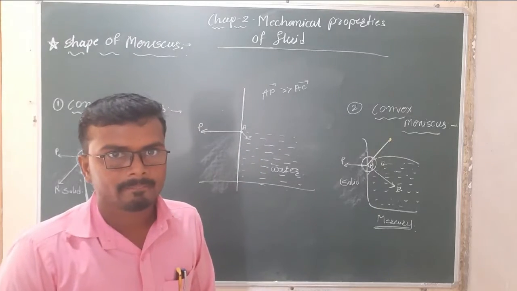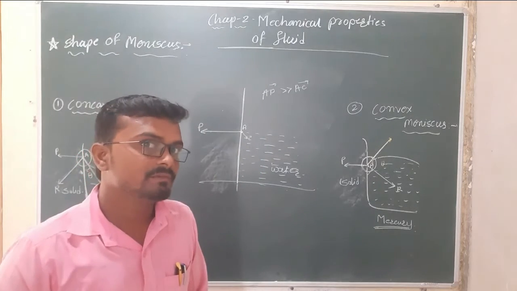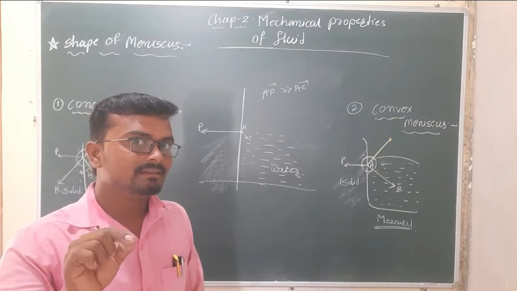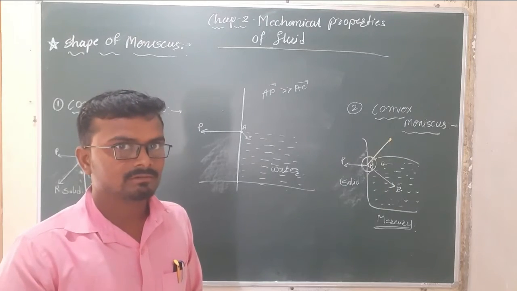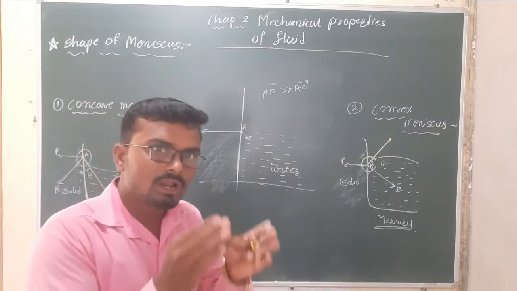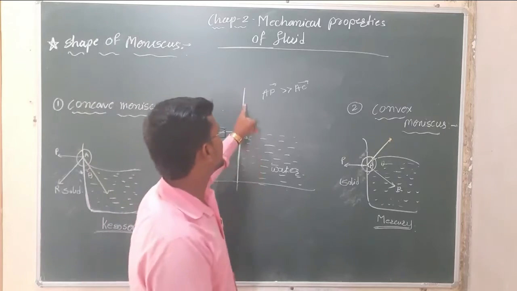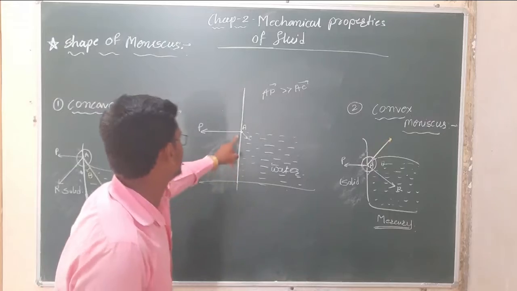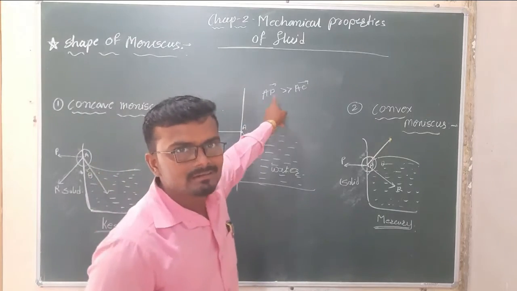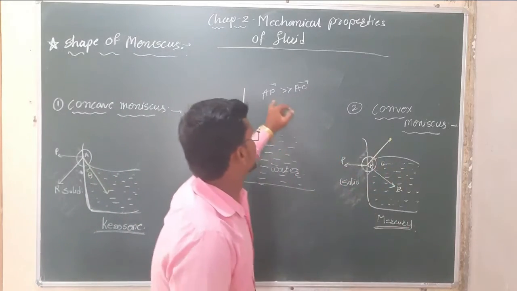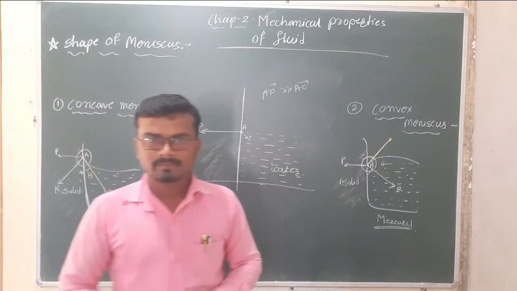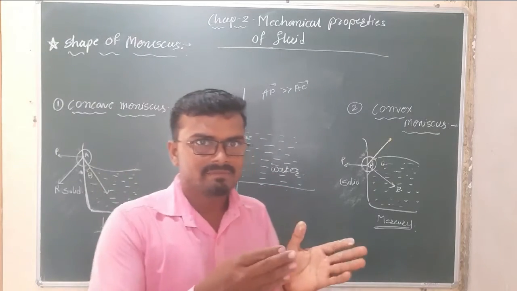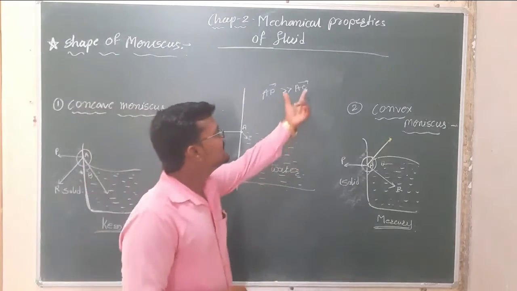Why? Because in such a type of liquid there are very few molecules near the solid surface. Because of that, the adhesive force is very much greater than the cohesive force, that is, AP bar is very much greater than AC bar. By comparison of AP bar and AC bar, we can neglect AC bar.